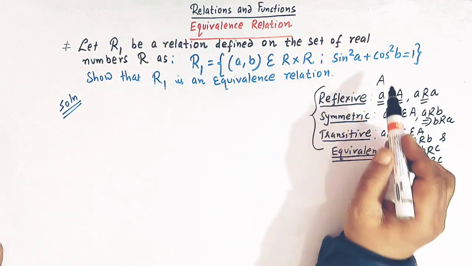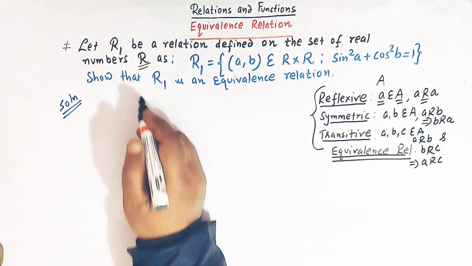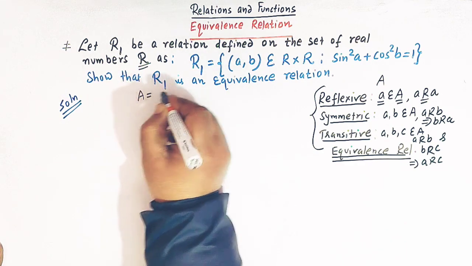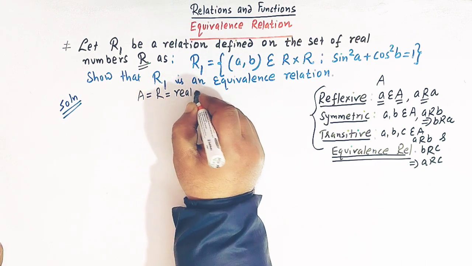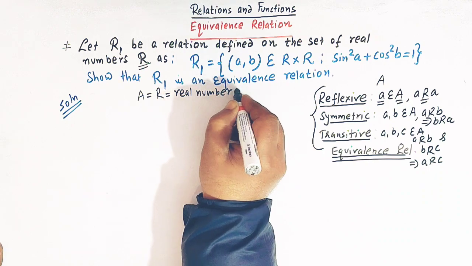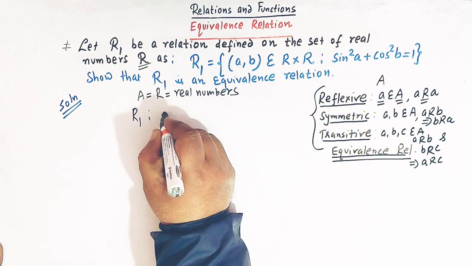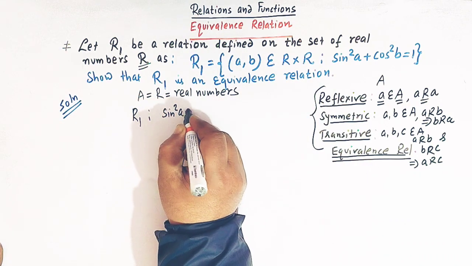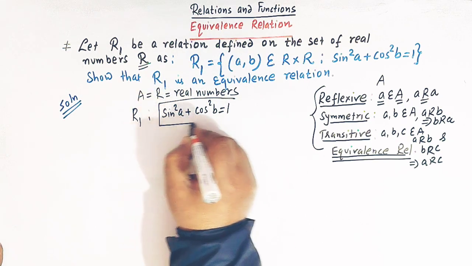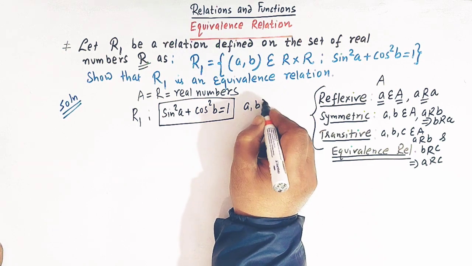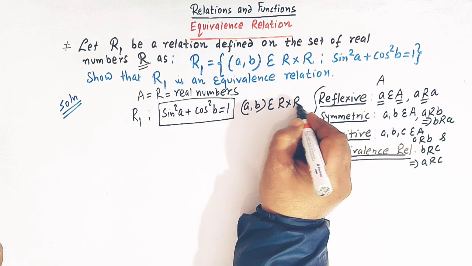So here this set A is given to be the set of real numbers, so we have A equal to R, and R is the set of real numbers. Now the relation R1 is defined as sine square A plus cos square B is equal to 1 for all ordered pairs (A, B) belonging to R cross R, right?